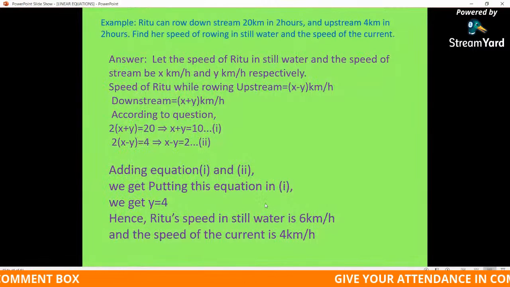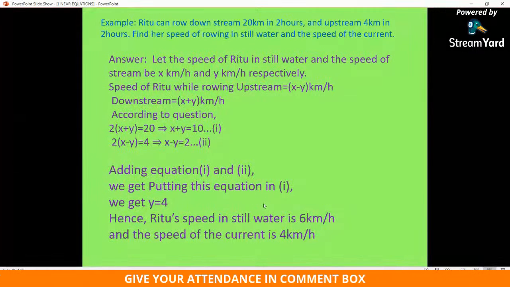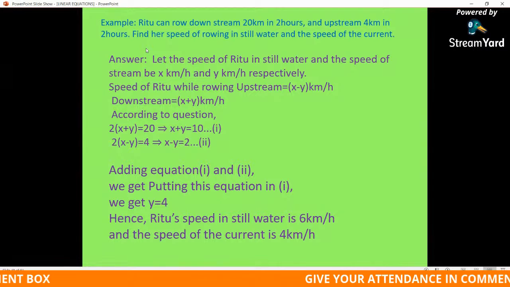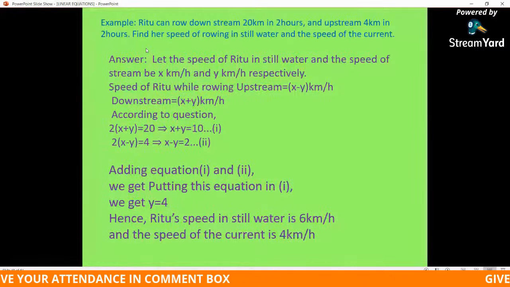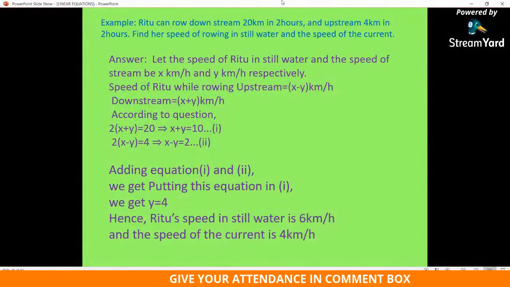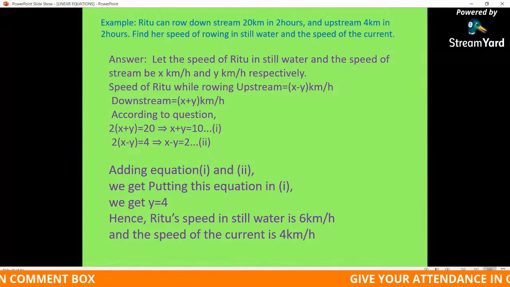Question is, Ritu can row downstream 20 kilometers in 2 hours and upstream 4 kilometers in 2 hours. Find her speed of rowing in still water and speed of the current. Here, in the question, you are having two parts. The speed of the boat you have to find, right?